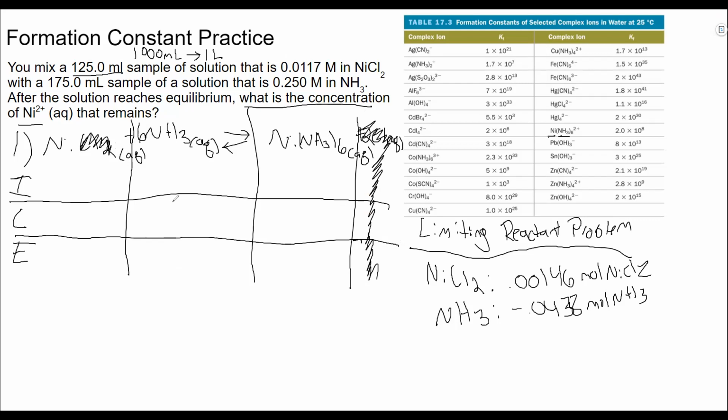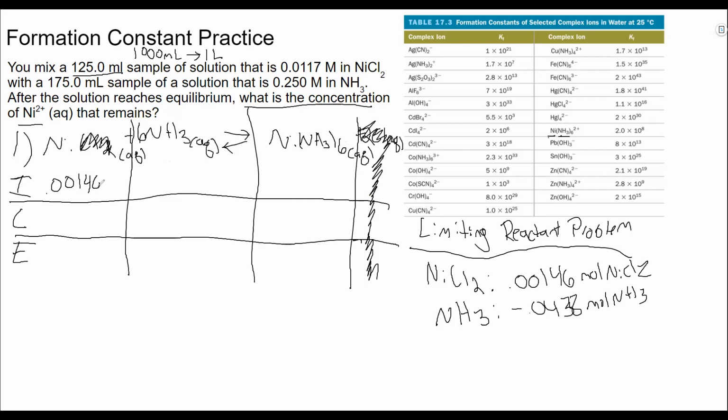It is not part of this formation. It doesn't do any chemistry whatsoever. So when doing a Kf problem, if you know what you're making, which we do, Ni(NH3)6, you only have those as your reactants.